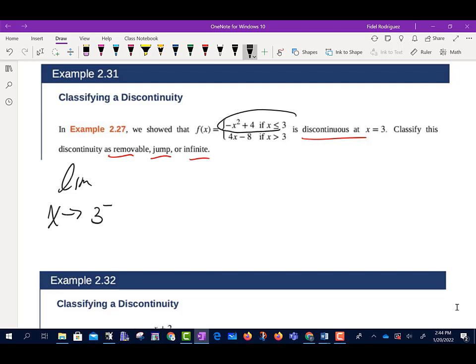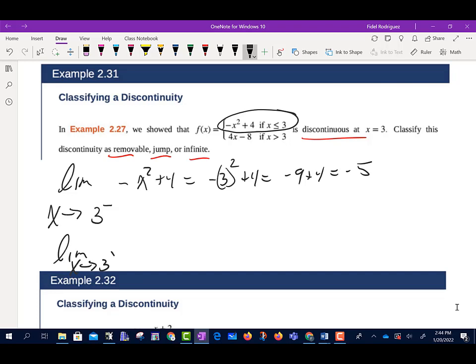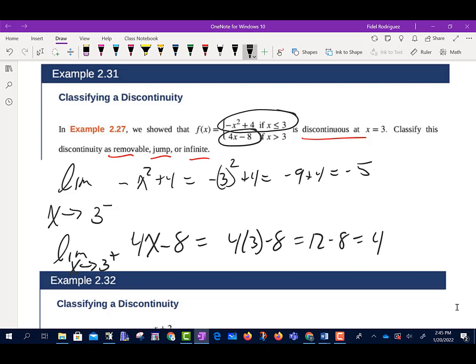So again, we're going to use this top part of the function, negative x squared plus 4, which was negative 3 squared plus 4. Negative 9 plus 4 was negative 5. And then if we find the limit as x approaches 3 from the right, excuse me, we're going to use this part of the function, the 4x minus 8, which is 4 times 3 minus 8. 12 minus 8 is 4.